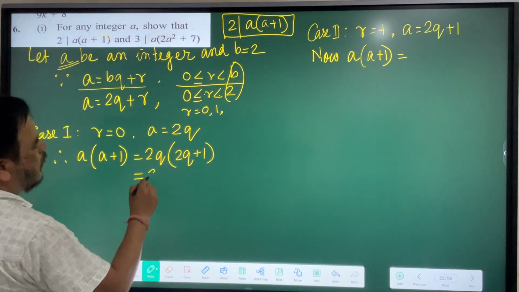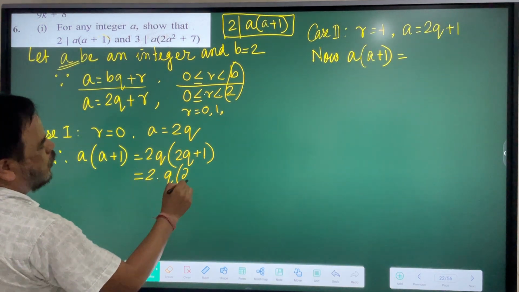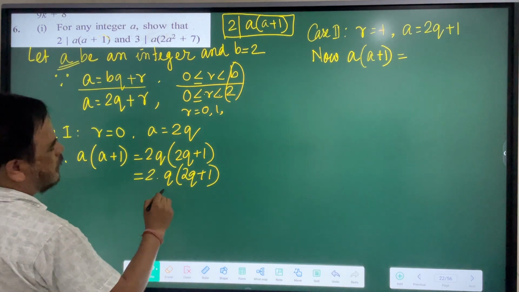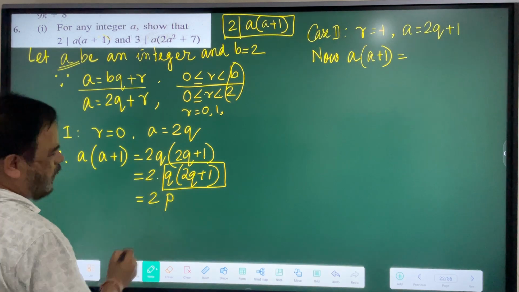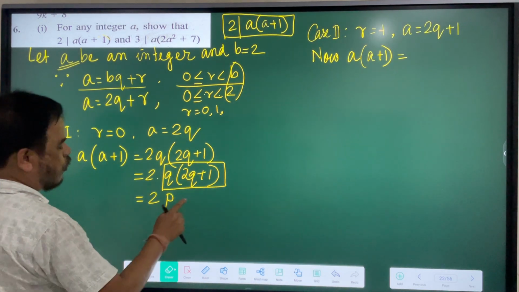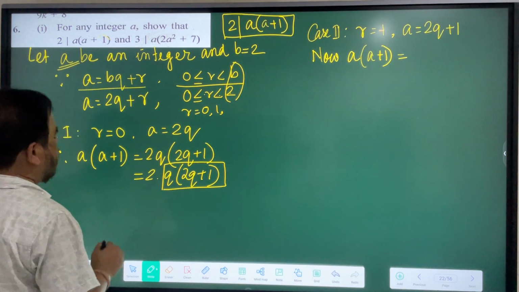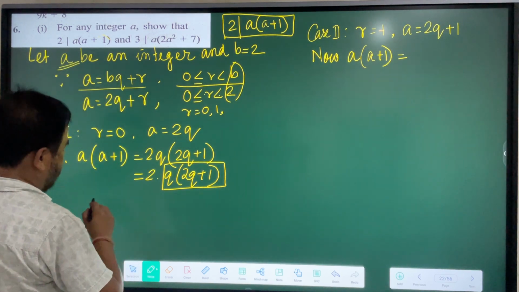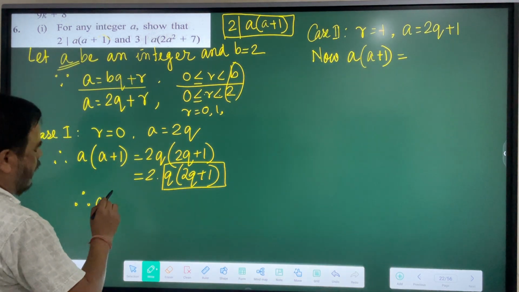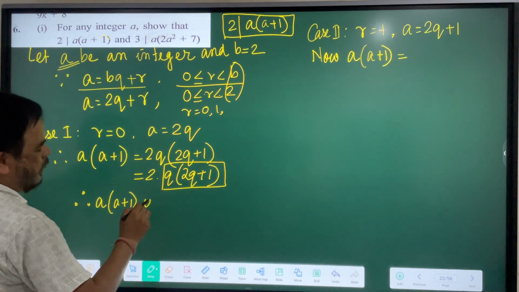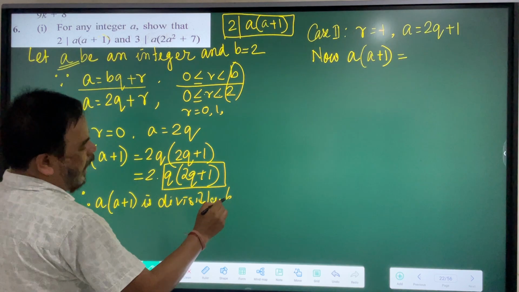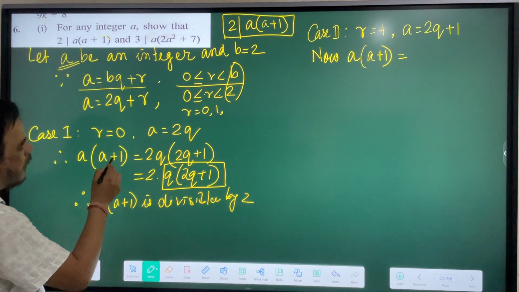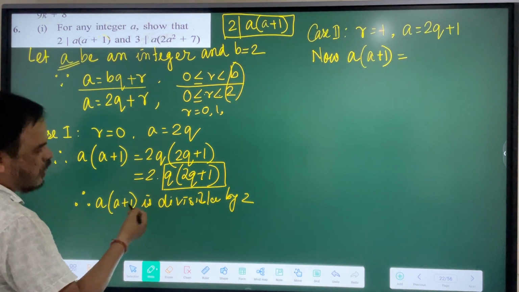So here directly you can write q into 2q plus 1. This is an integer. So a into a plus 1 is divisible by 2, because a into a plus 1 equals 2 into something.